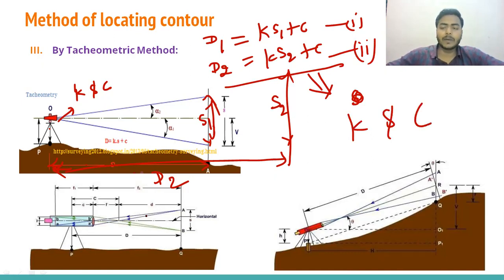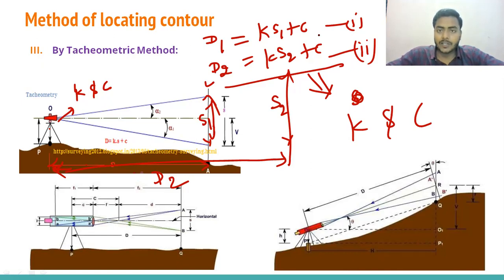So we can calibrate, that is, find what values K and C have. In some instruments you will see that the K and C values are given, so in that case you just check whether the given K and C are correct or not. How can we do this? Keep the leveling staff at a position, take the staff intercept S1, and measure the horizontal distance from the staff to the instrument, that is D1.